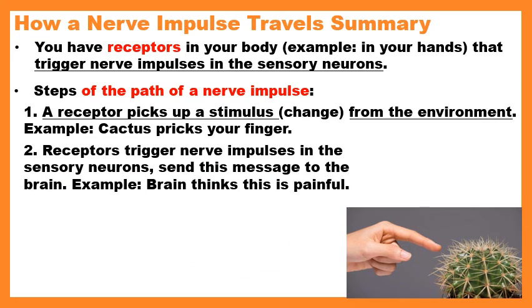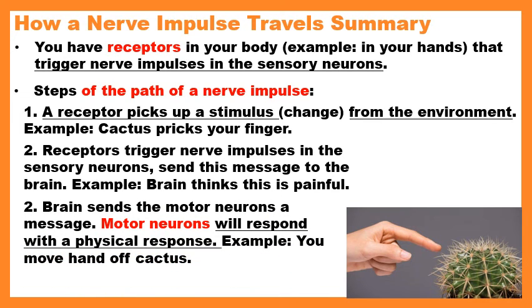So receptors from your hand are going to trigger a nerve impulse in the sensory neurons. Remember, those are the neurons that interpret your senses: sight, taste, touch, smell. And it is going to send this message of whatever it interprets to your brain. And the brain is going to get this information and make some sort of decision or conclusion. So when your sensory neurons tell the brain, hey, I've been poked, your brain is going to go, okay, this is painful.